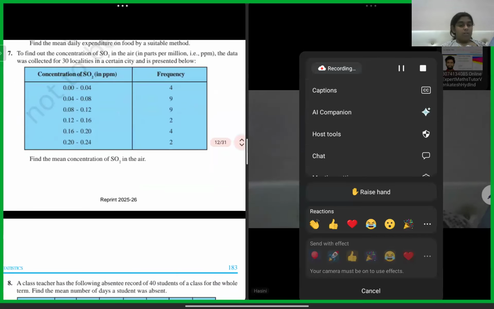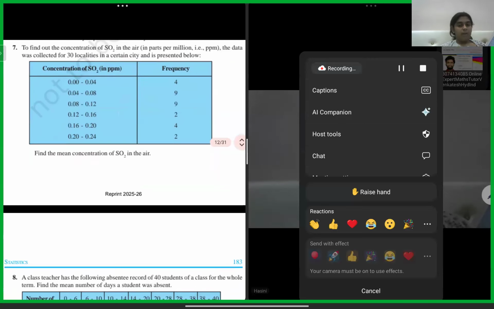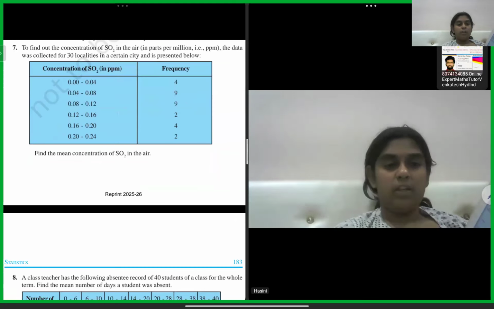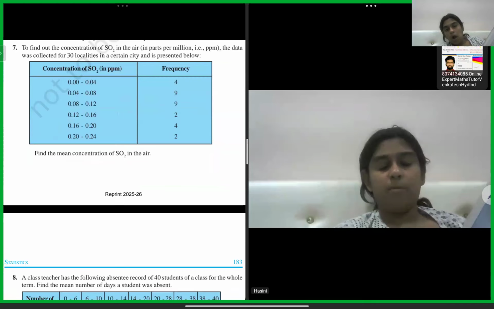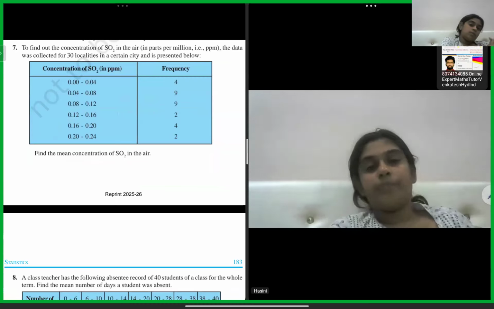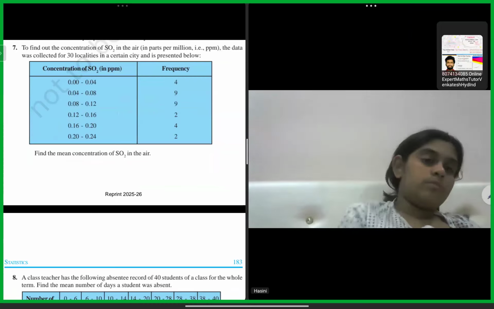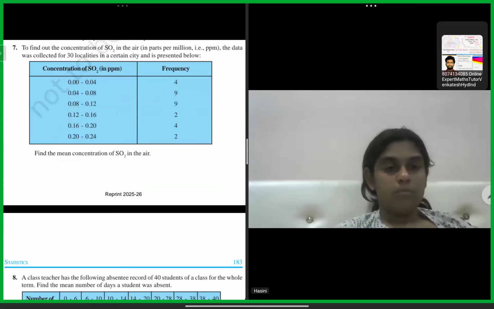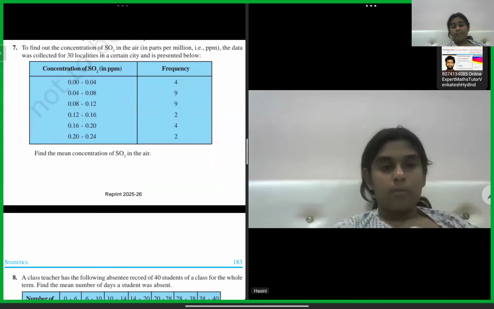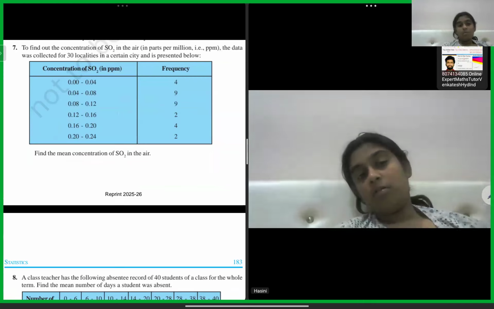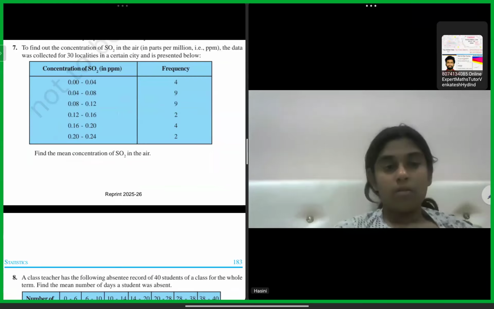To find out the concentration of SO2 in the air in parts per million, ppm, the data was collected for 30 localities in a certain city and it's presented below. So should I read the question again? Yes, Hasni.